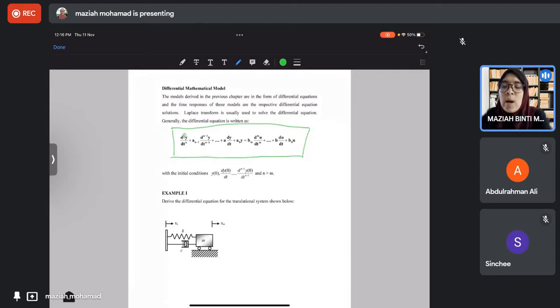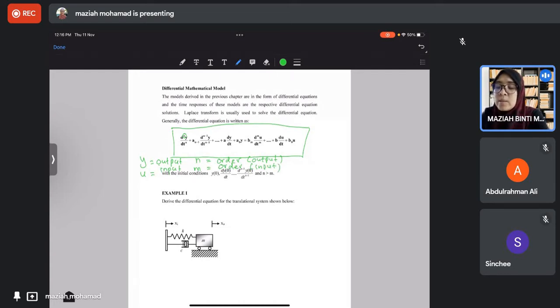So we can see that in d^n y per dt^n, y is the output, and u here is the input. n is the order for the output, and m is the order of the differential equation for the input part.